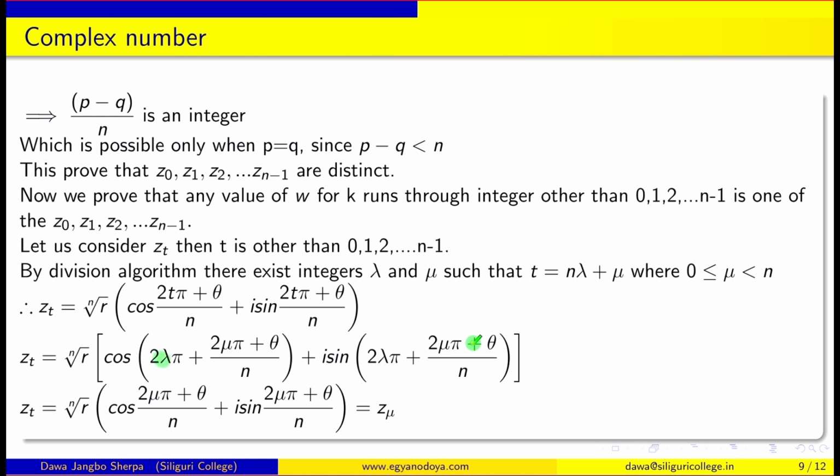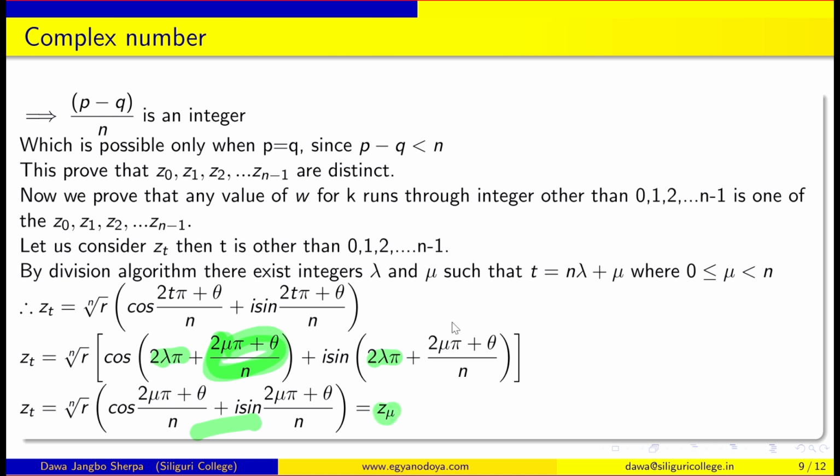Because this is a multiple of 2 pi, that means 360, the cos of a multiple of 360 plus this angle is equal to the cos of this angle, and similarly for the sine. This means this is equal to z mu.